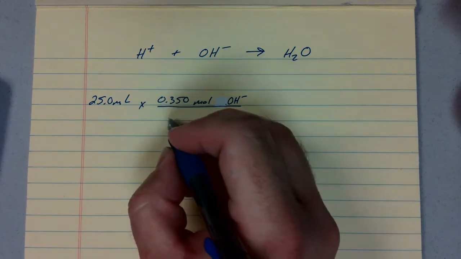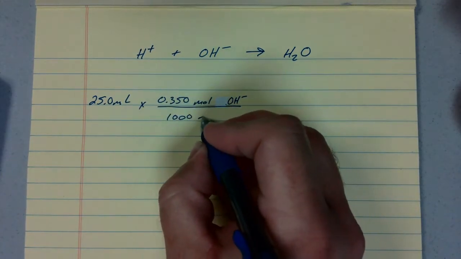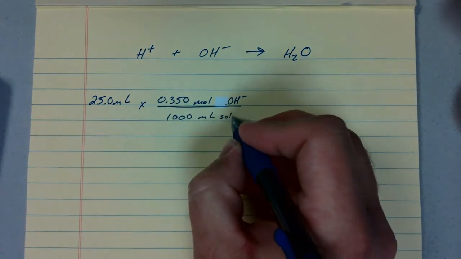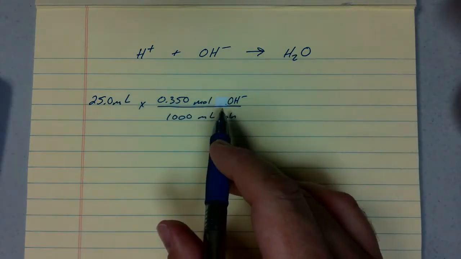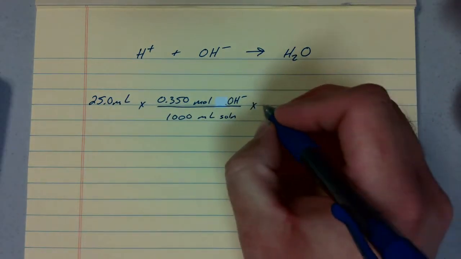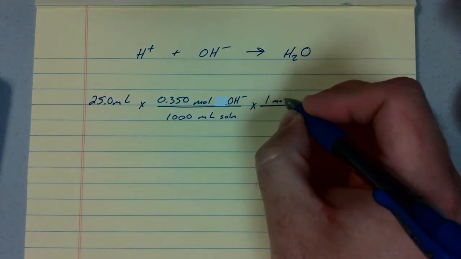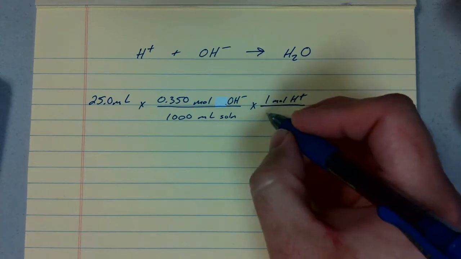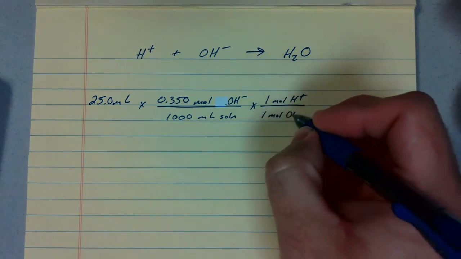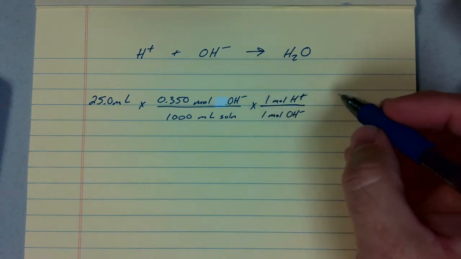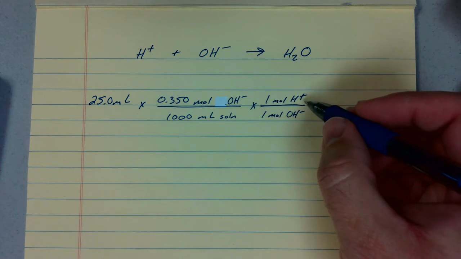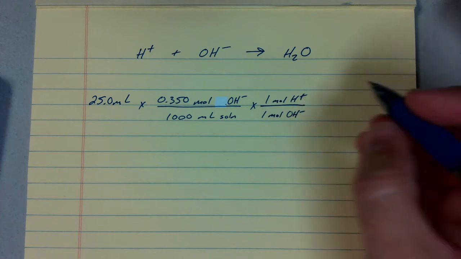This is the number of moles in 1,000 milliliters of solution. So this will get us to moles of hydroxide. We got 1 mole of H plus for every 1 mole of hydroxide. This will get us the number of moles of H plus.